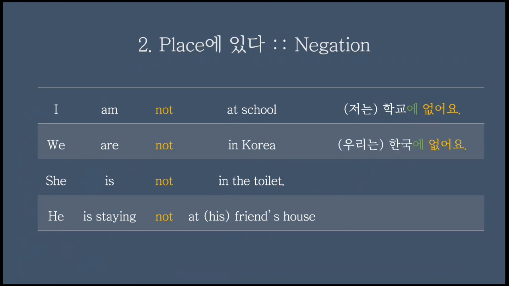She's not in the toilet. 화장실에 없어요. He's not staying at his friend's house. 친구 집에 없어요. Okay? Remember, we don't use 에서 here. With the verb 있다 and other limited kinds of verbs, we have to use 에, not 에서. Okay? Please remember this.